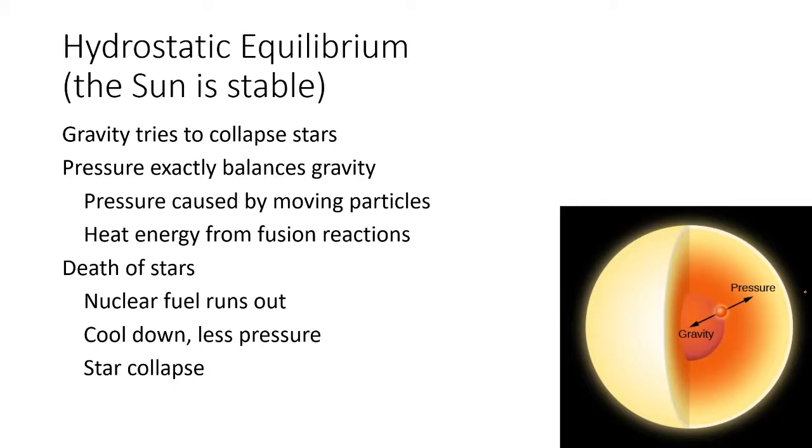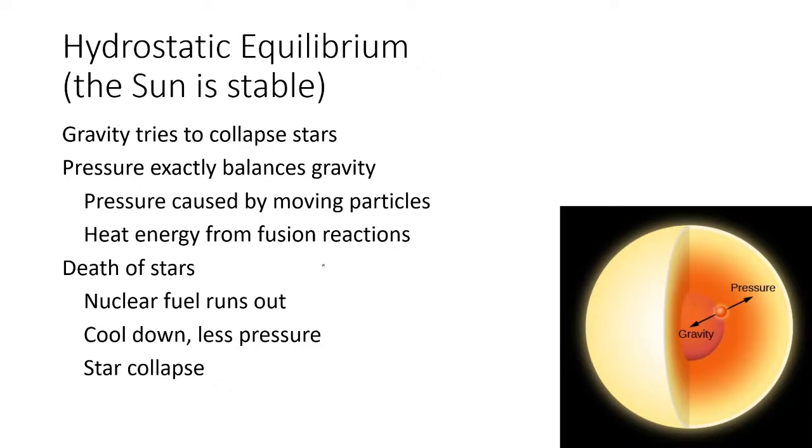So it's really nice that the gravity and the pressure of our star balances. They're equal so that the sun doesn't swell out or shrink down. Now, does that ever happen? Yes. Later on in a star's lifetime. That's the death of stars.